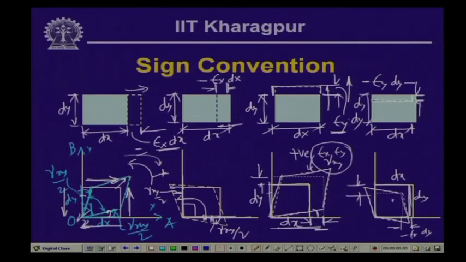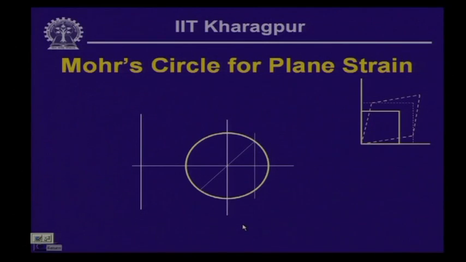So, this particular configuration corresponds to epsilon x, epsilon y, gamma xy, where all three quantities are negative. So, this is the sign convention which we follow, and we will be following this convention while plotting the Mohr circle for the strain. Now, exactly on similar lines as we did in the case of stress evaluation, we will be computing the strain identically using the Mohr circle of strain. Now, let us look into how we do that particular job.